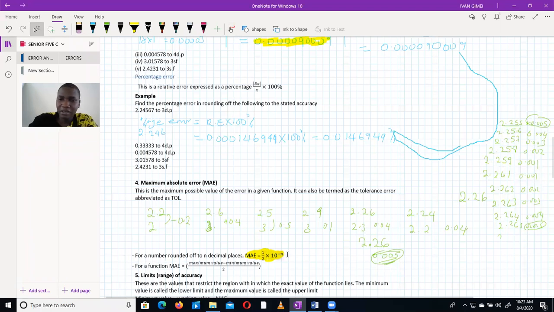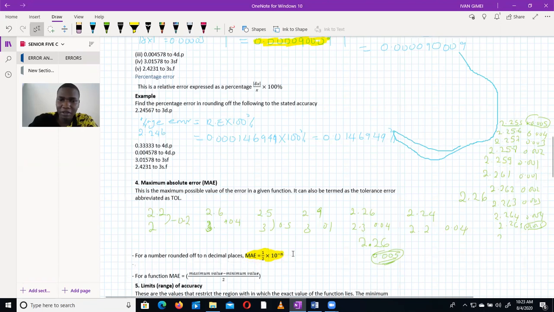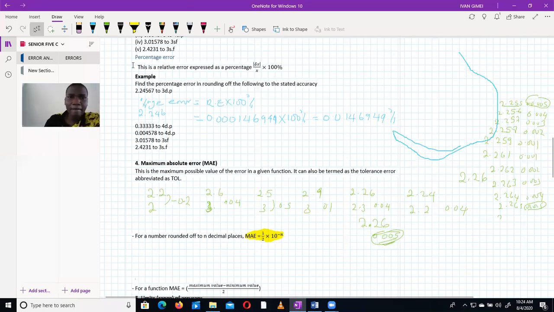You need to know this because this is what we're going to look at most here. Where n represents the number of decimal places.